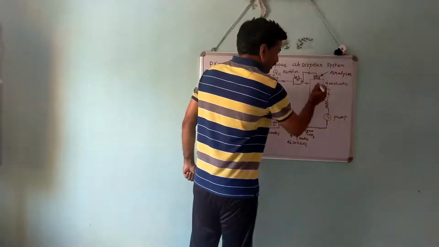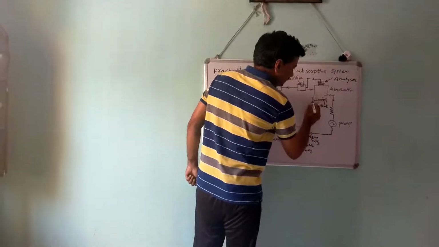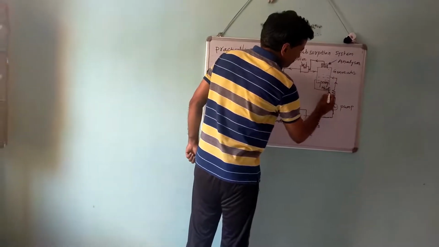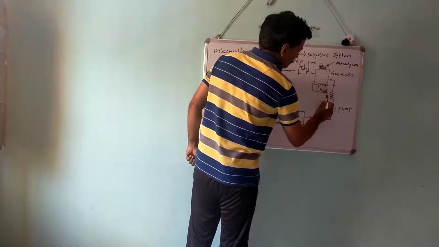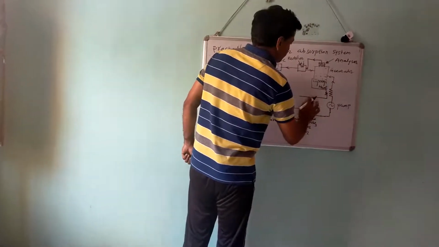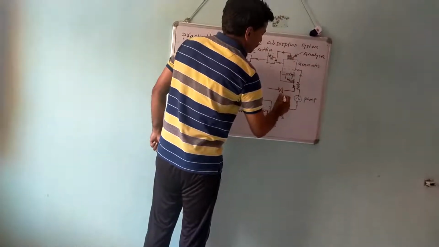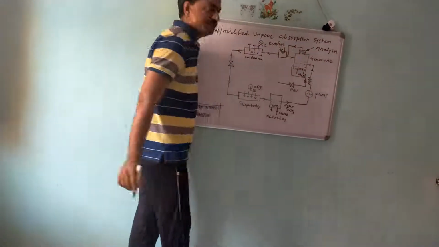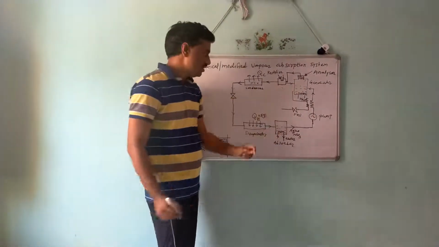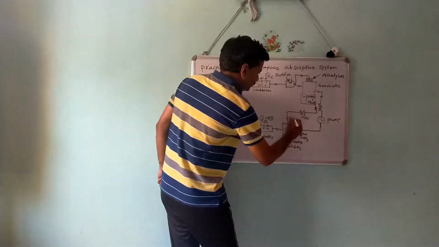Now here ammonia is separated, so the remaining water is given back to the absorber by passing through the PRV, that is the pressure reducing valve, so that pressure will reduce from generator pressure to absorber pressure. So the weak solution will return here.